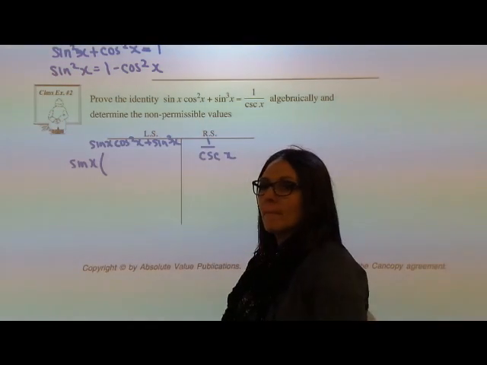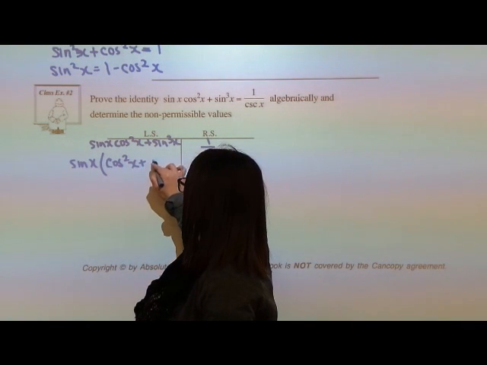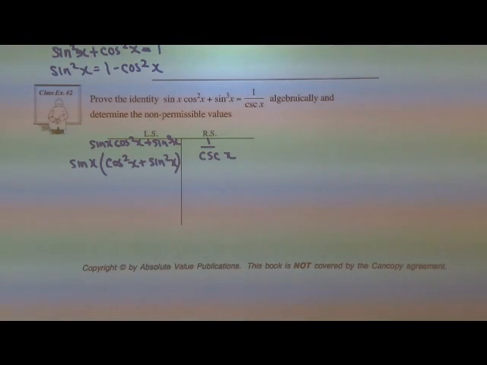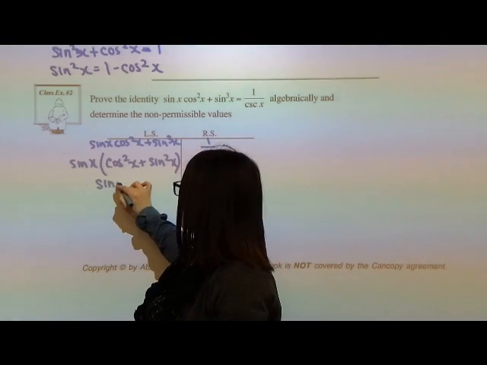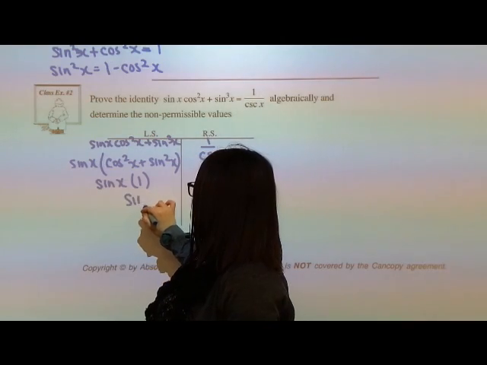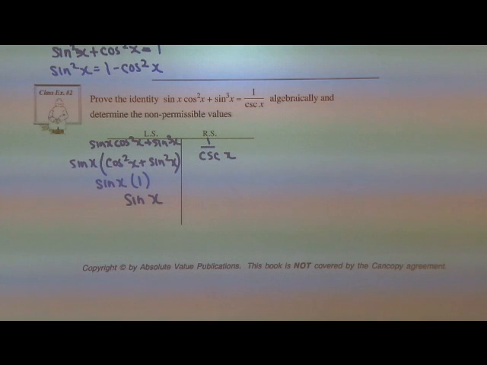What does that leave me with? Cos squared x plus sine squared x. Now what? Well, cos squared x plus sine squared x is 1. So now I have sine x times 1, which equals... what's cosecant x? 1 over sine.